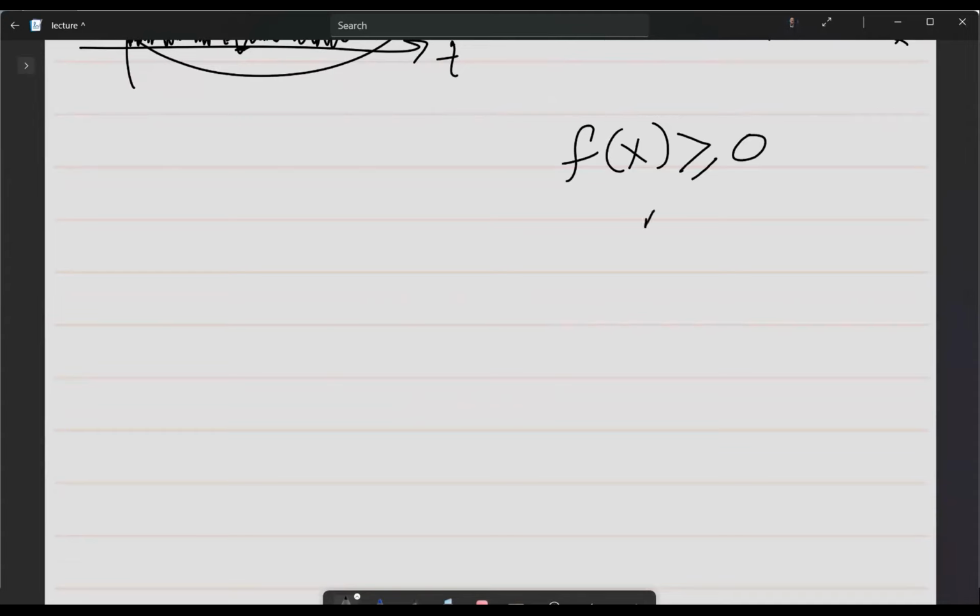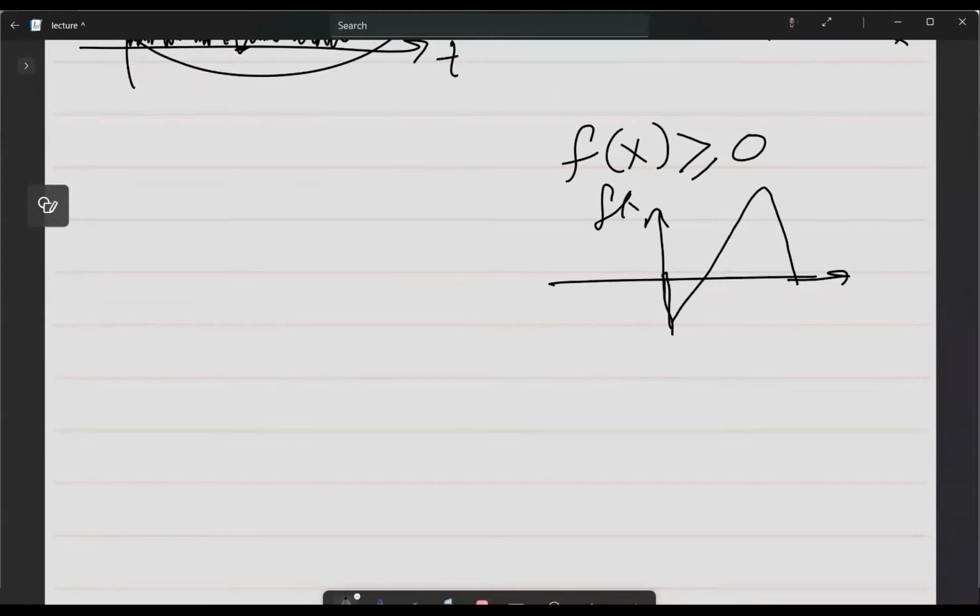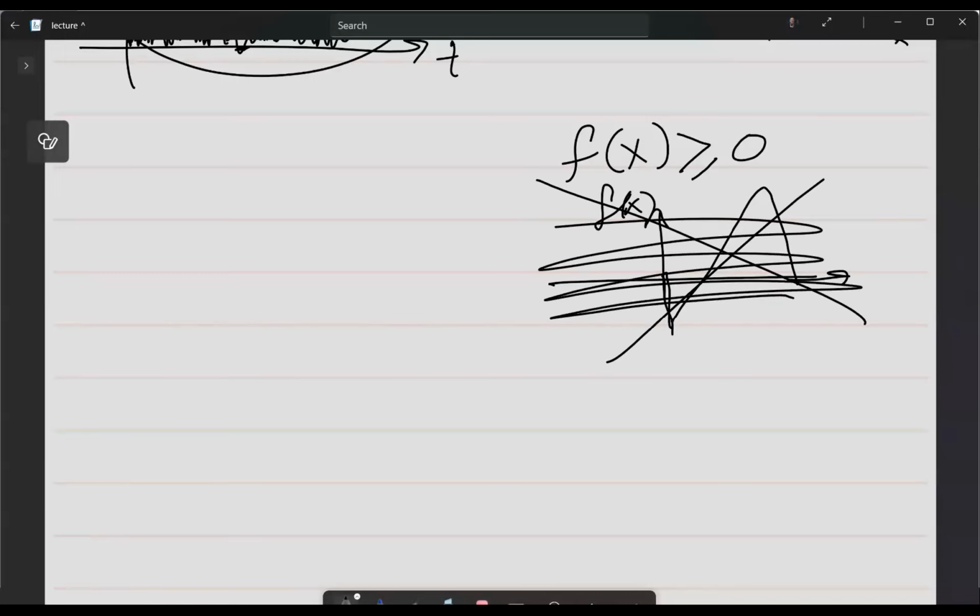For example, if I give you this shape and ask whether it can be a probability density function, directly you will say no, this is not possible. Why? Because we have a negative part here, and it is not possible to have a negative part in the probability density function. It is always positive. This is important because we don't have negative probabilities. Okay? I will remove this.